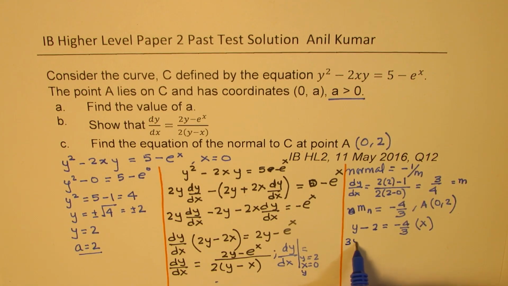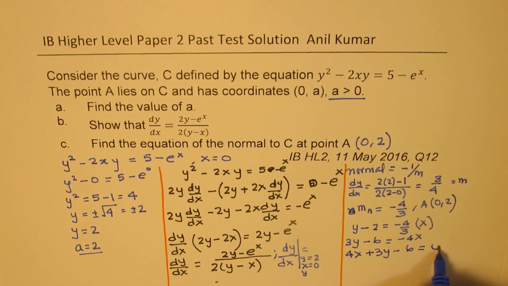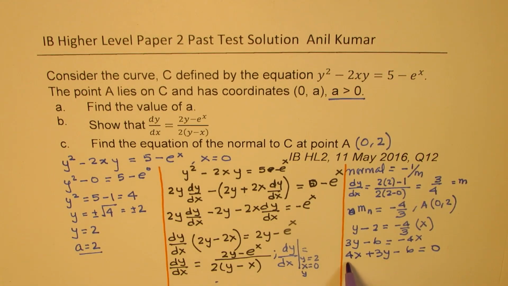We get 3y minus 6 equals minus 4x, or we could write this as 4x plus 3y minus 6 equals 0. Right. So that becomes your equation for the normal at point A on this curve. Is that clear? So this is how we can solve this particular question.